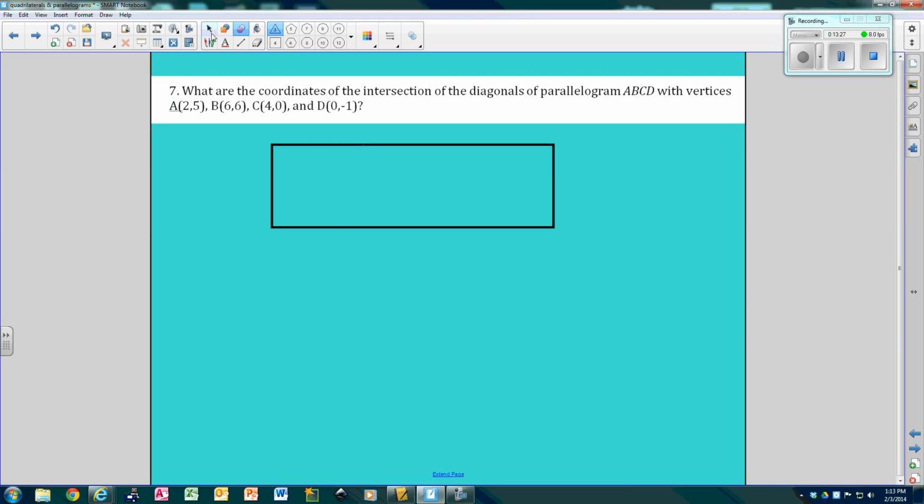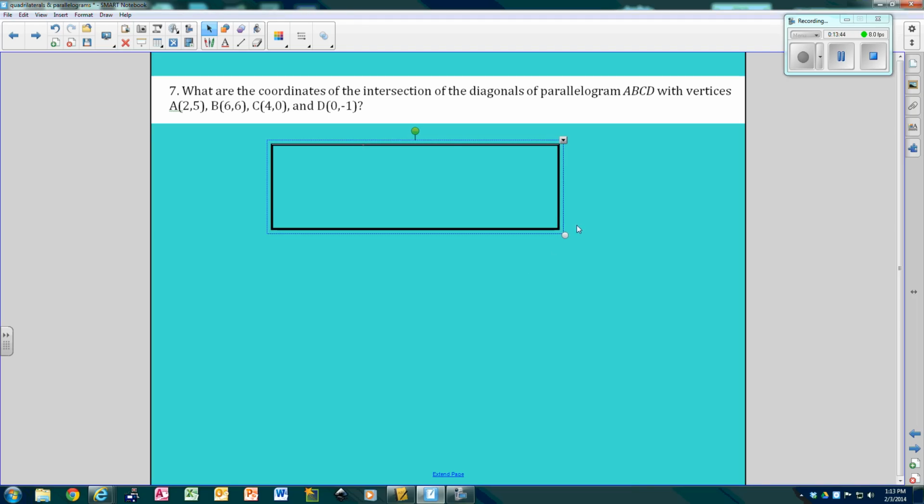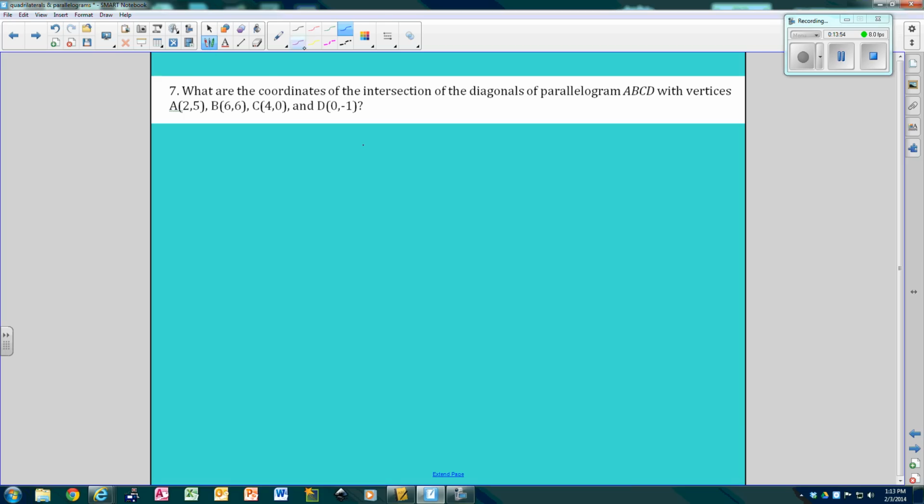Let's see if we can get it to lean a little bit. So I can't get it to lean, so I'll just have to go with the freehand.